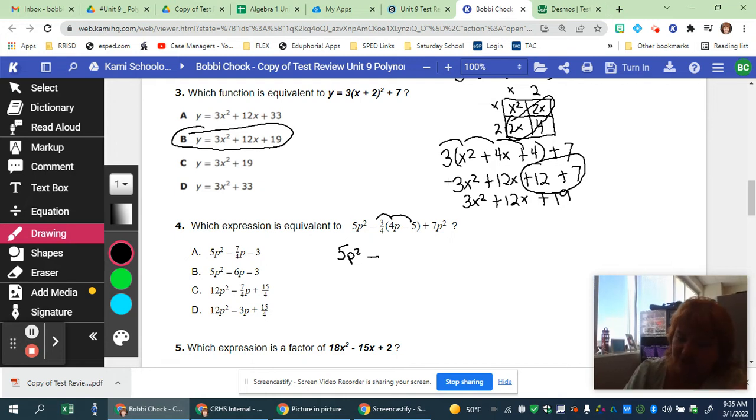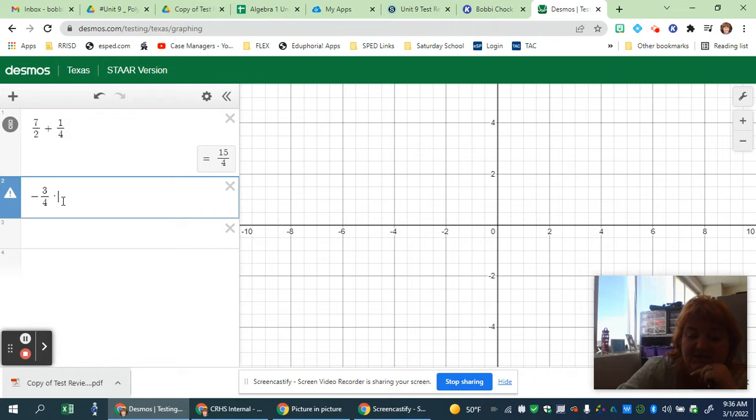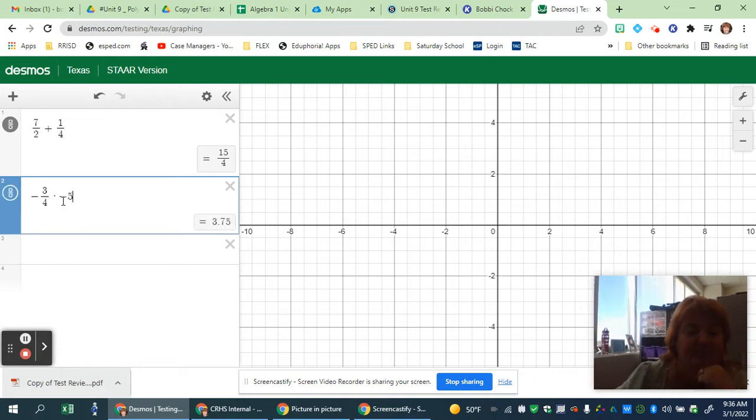Go use your Desmos, okay? Negative 3, then a negative times a negative. Let's do this on the calculator. Negative 3/4 times negative 5. Oops, that didn't work. Times negative 5.